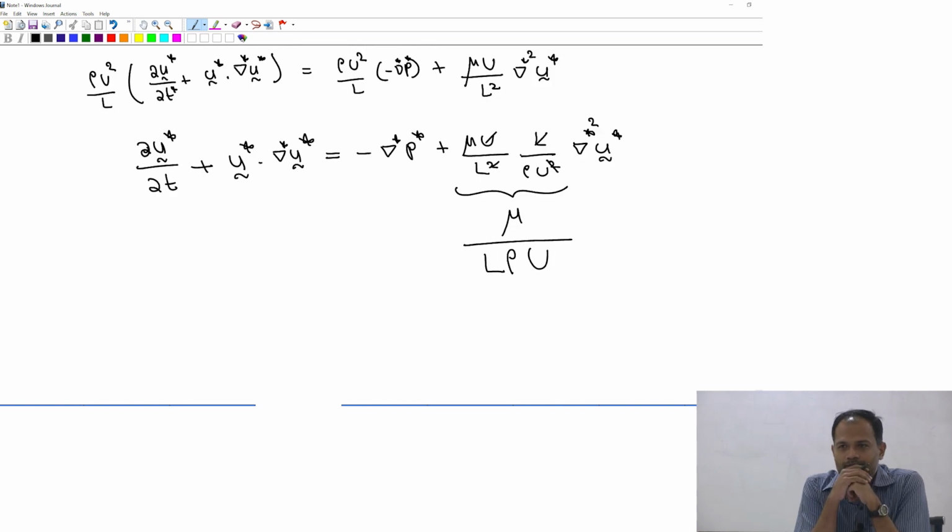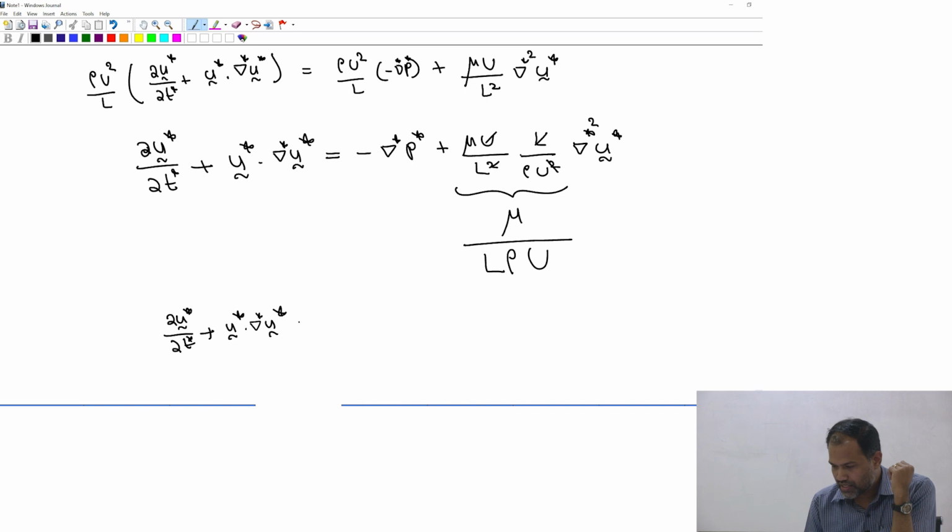That's okay? So, what non-dimensional number did we end up with? Reynolds number, okay. In other words, it's dou u star by dou T star plus u star dot grad u star equal to minus grad P star plus 1 by Reynolds number times del star square u star.